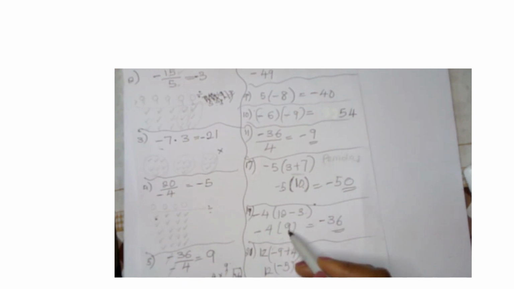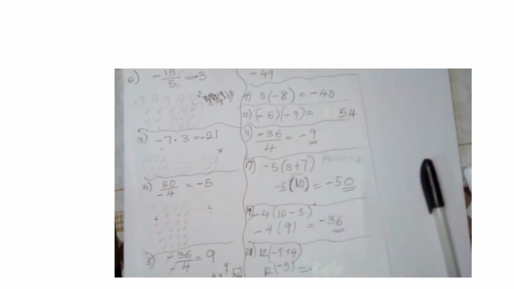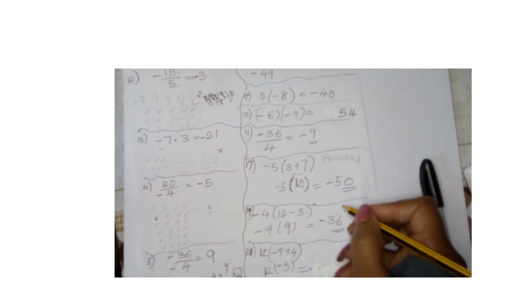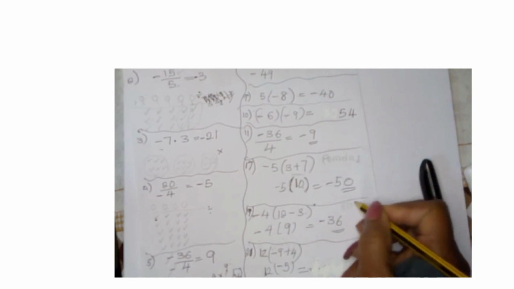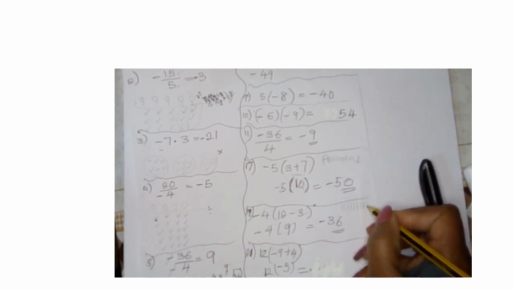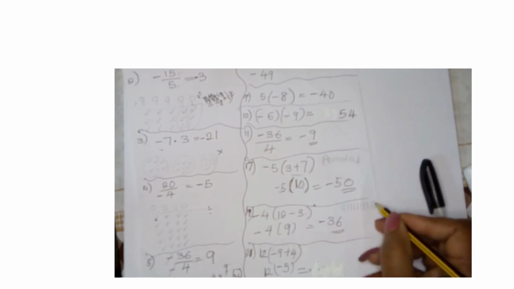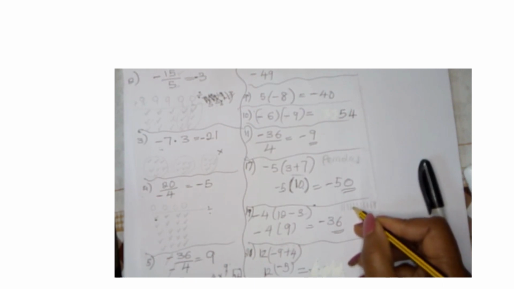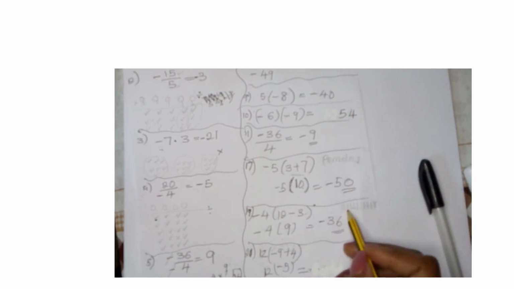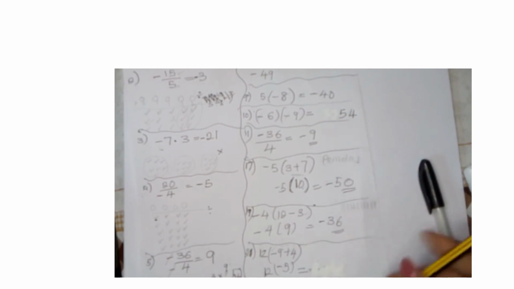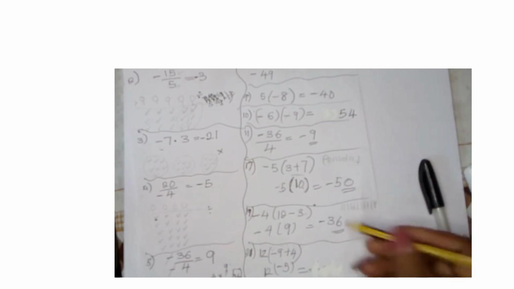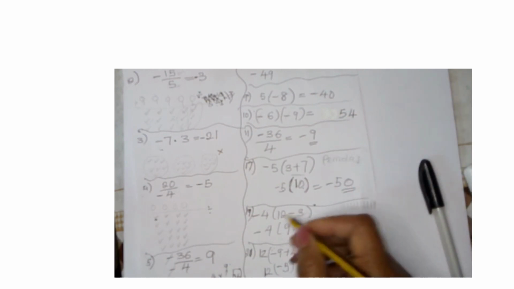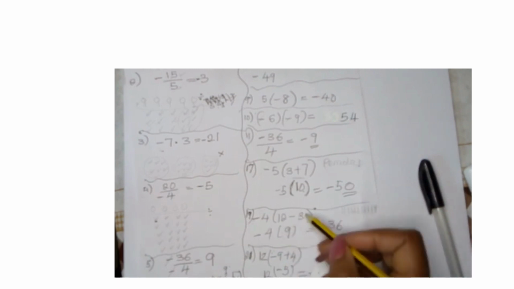If you are not sure, you can count it. 1, 2, 3, 4, 5, 6, 7, 8, 9, 10, 11, 12. You remove 9. 1, 2, 3, 4, 5, 6, 7, 8, 9. You have 3. Okay? So 12, you remove 9, 12 minus 9 will give you 3. So 12 minus 3 is going to give you 9.